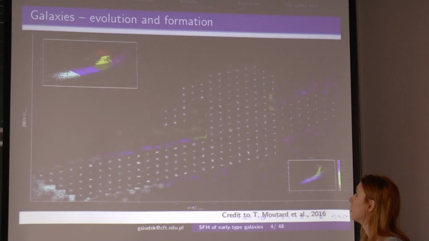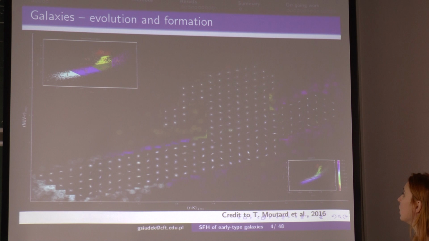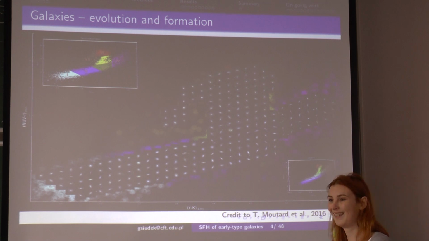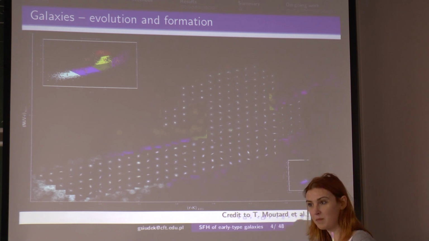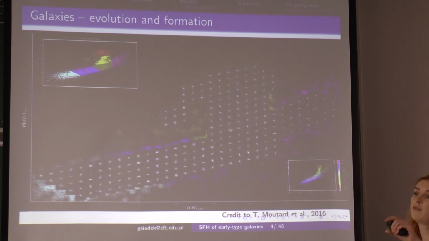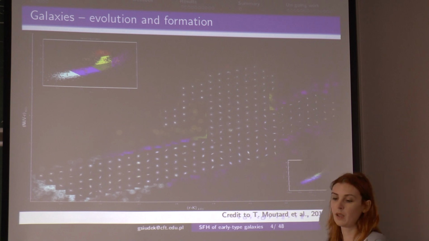This is the color diagram in which we see different morphological types of galaxies observed in the local universe. Could you explain what is on the axes? These are colors of galaxies. These are two filters; this is the difference in luminosity in two different filters.